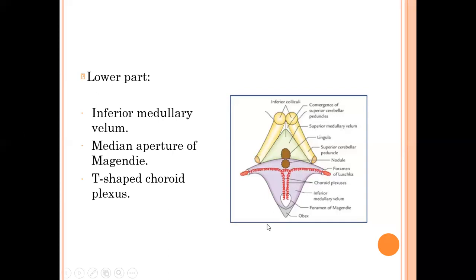This choroid plexus in the lower part of the roof is derived from the branches of the posterior inferior cerebellar artery.